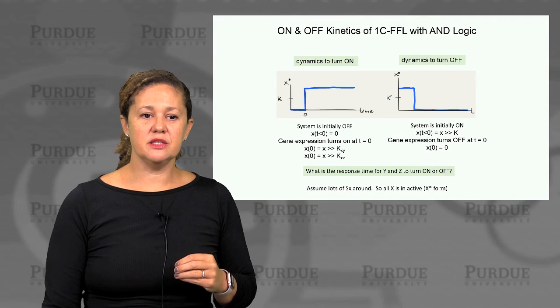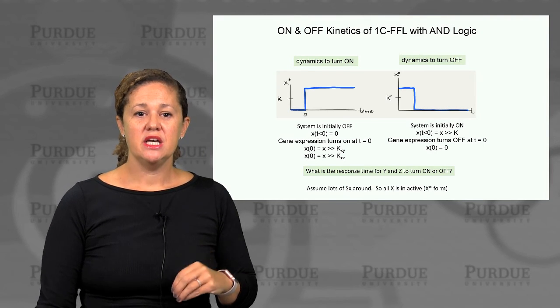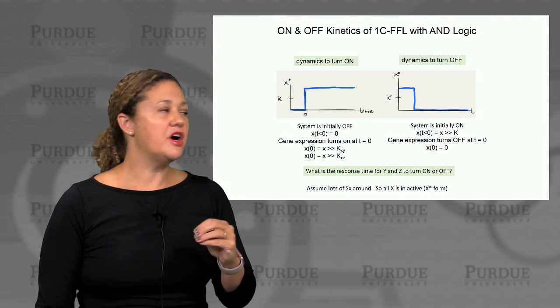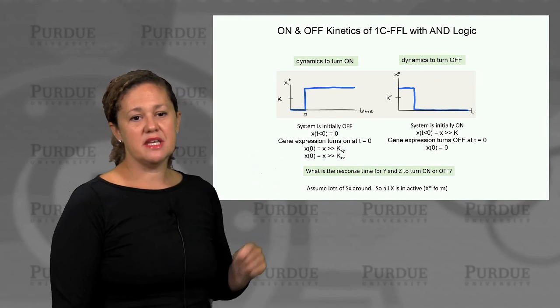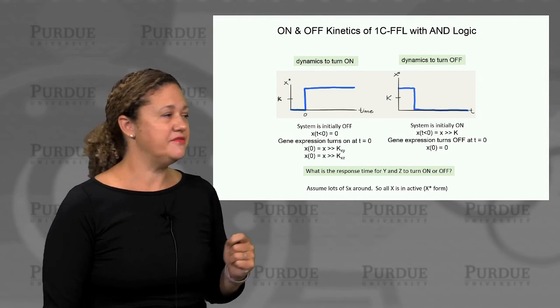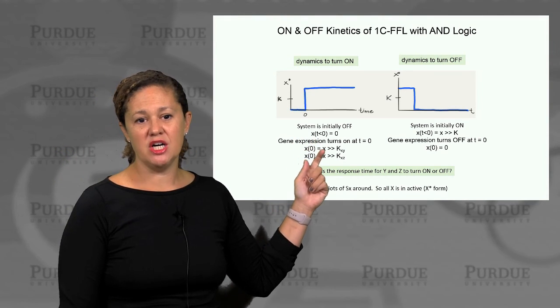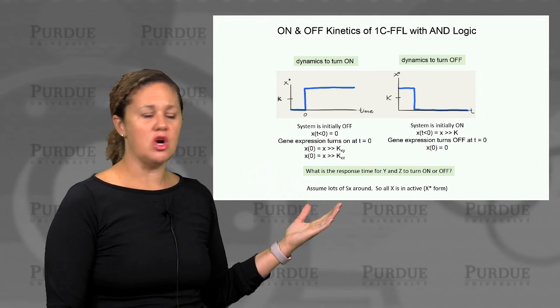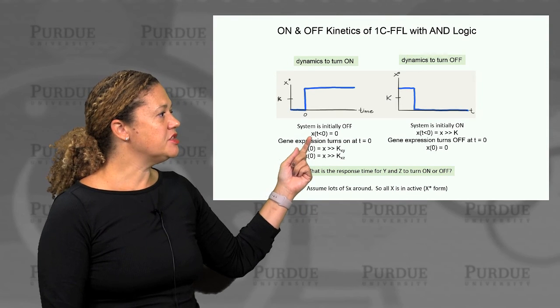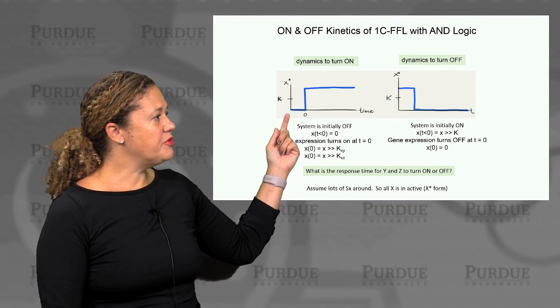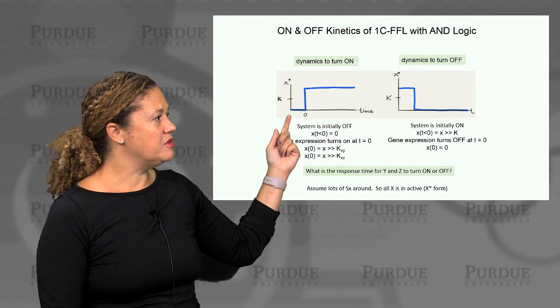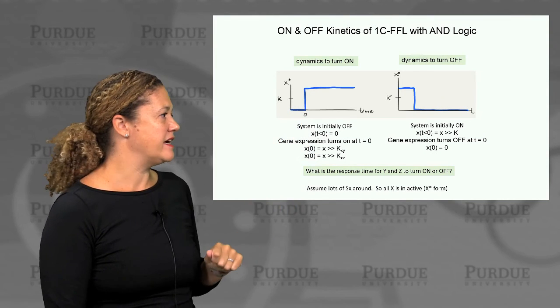So let's take a little bit closer look at our on and off kinetics of our circuit now. Just like we did with simple activation, we're going to look at the dynamics to turn the system on in the case of strong activation. So initially our system is off. Before time equals 0, we have no activated X around.